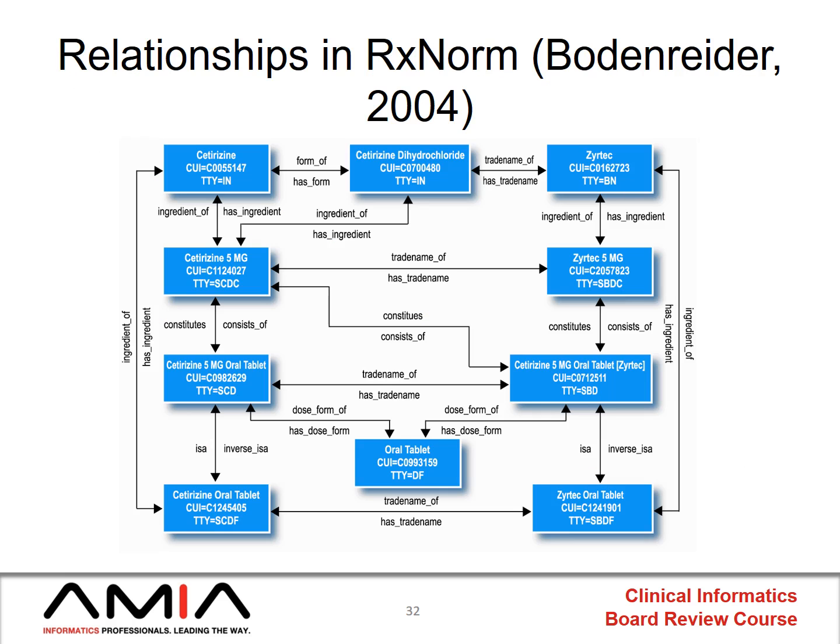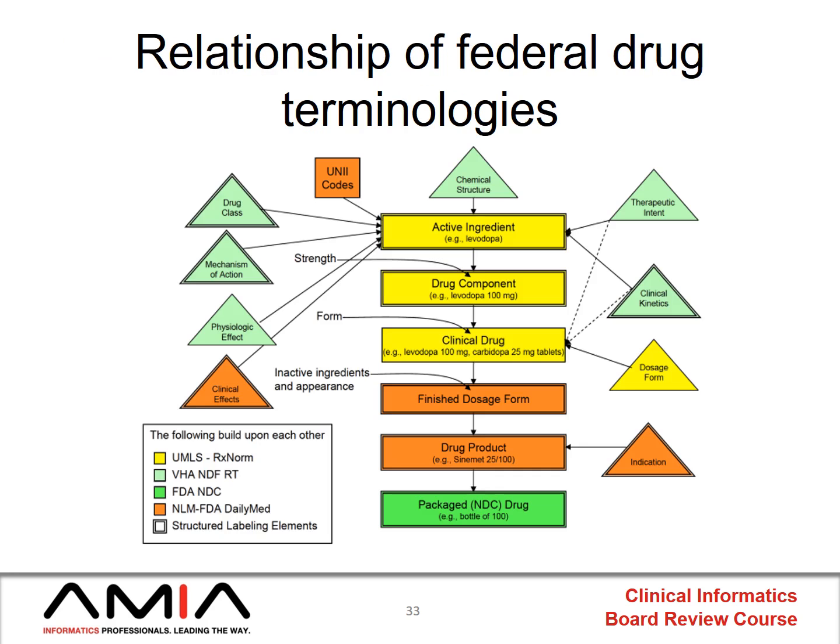This busy figure demonstrates that all of the information, the semantics about drugs, can be captured in the RxNorm structure. And this figure shows the relationship among the types of information that is covered in the different federal drug terminologies, as well as the specific terminology systems that have the information within each.